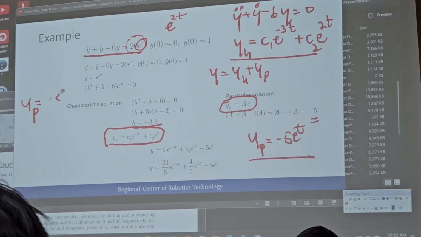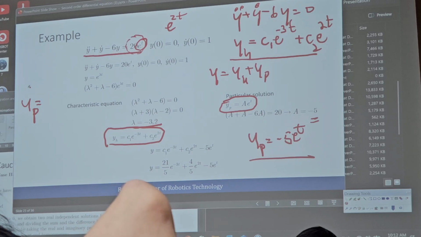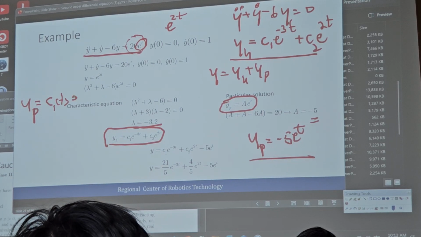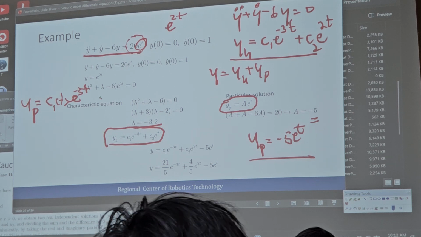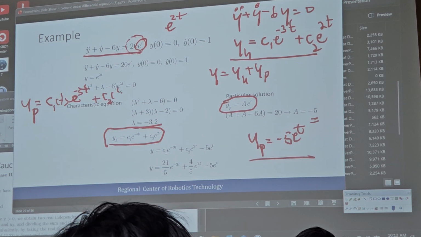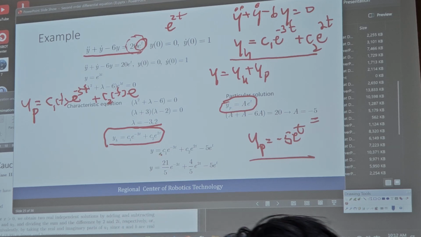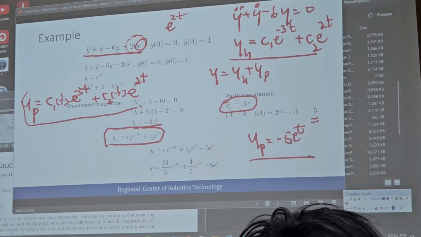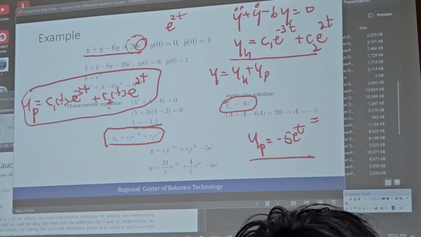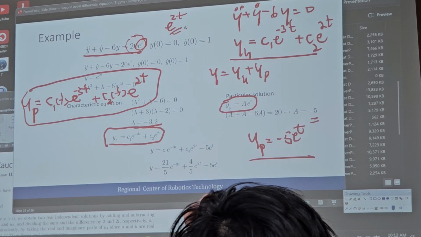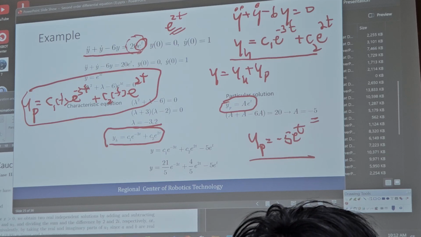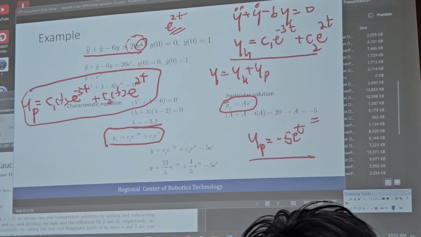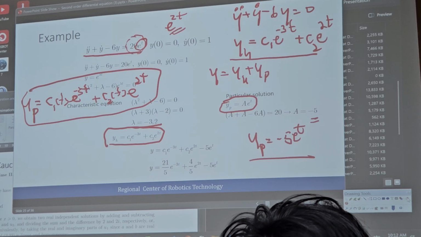It's something like this: yp should be c1 t e to the minus 3t plus c2 t e to the minus 2t. If you change this one to this one, I will show you more detail how to solve it. But this one is not the same as the homogeneous solution.